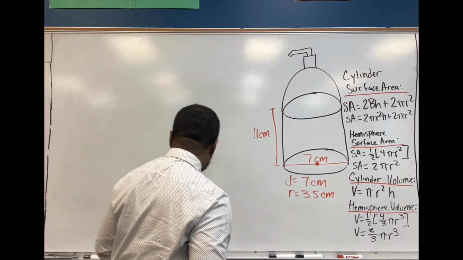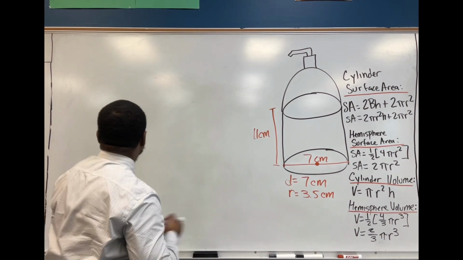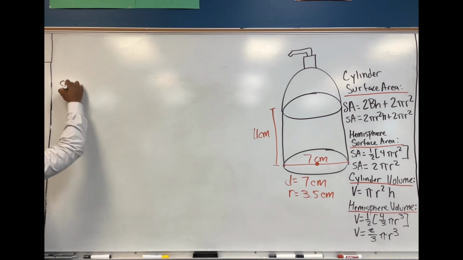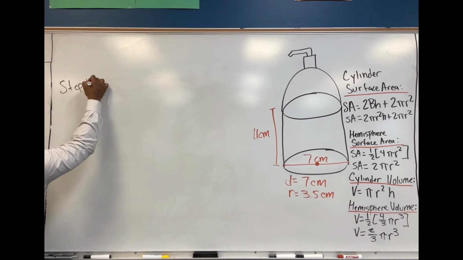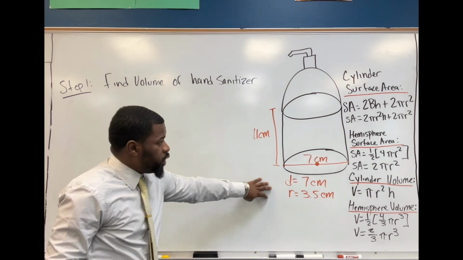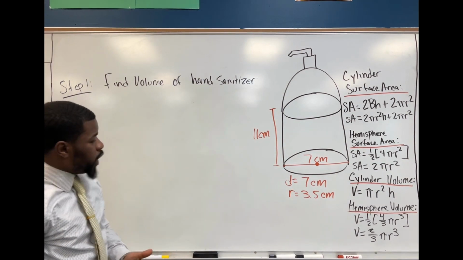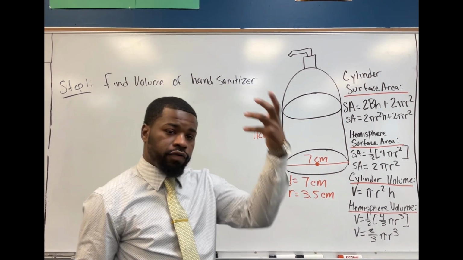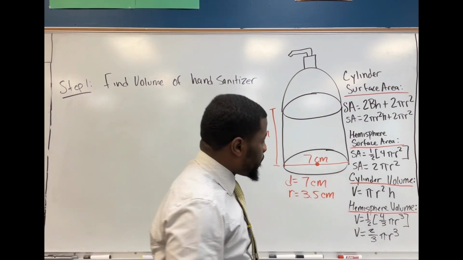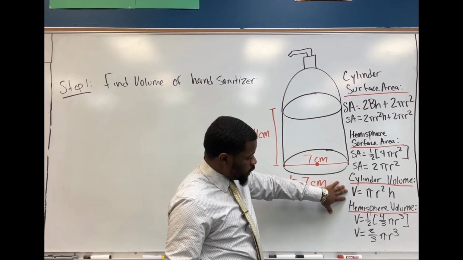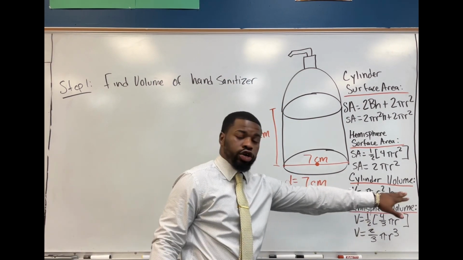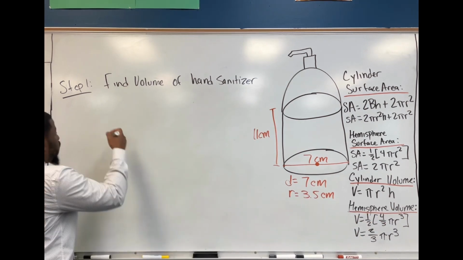So in order for us to identify that, using the found information, we're looking at volume, because it's important for you to identify the volume before you find your surface area. So the volume of a cylinder is V is equal to pi r squared times height, all right?